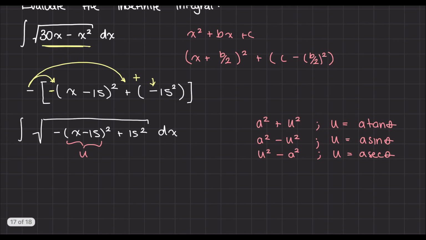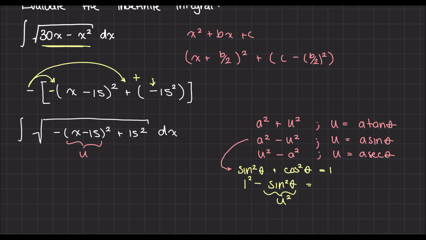And where these come from is, for example, let's use sine. We know that sine squared theta plus cosine squared theta is equal to 1, right? And so therefore, 1 minus sine squared theta, in this case u squared, and 1 squared is just 1, is equal to cosine squared theta.